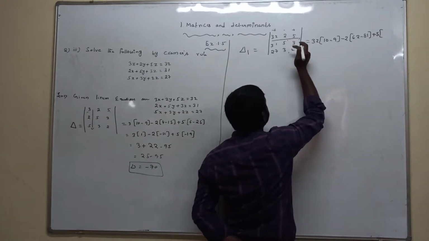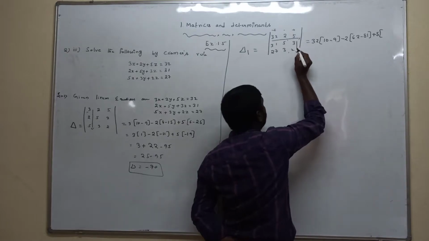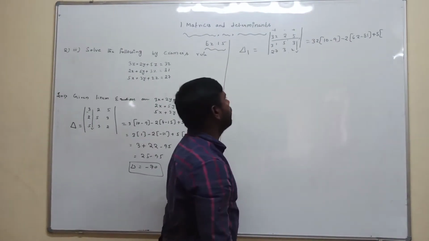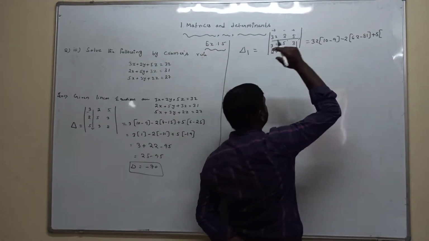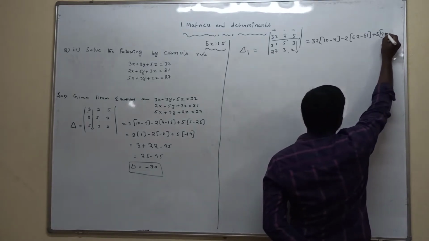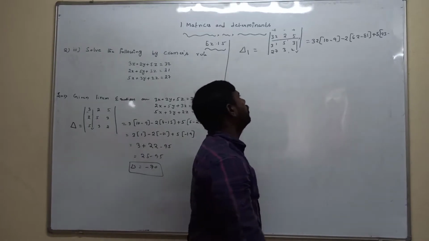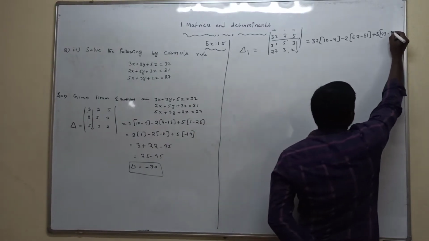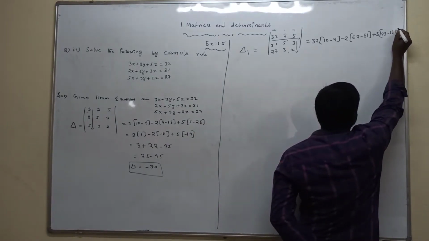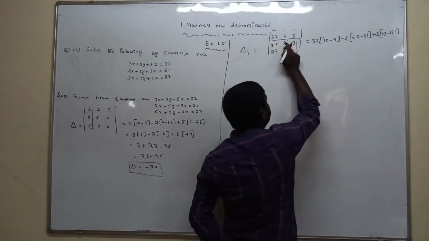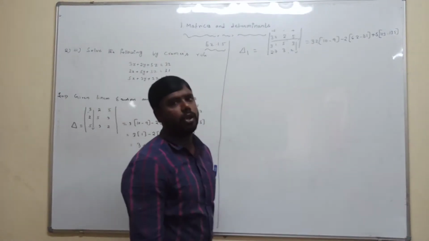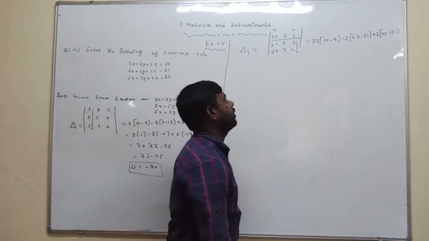The first row and third column of that plus 5 are eliminated. Cross multiply with the left-over elements: 31 into 3, that value is 93, minus 27 into 5, that value is 135.